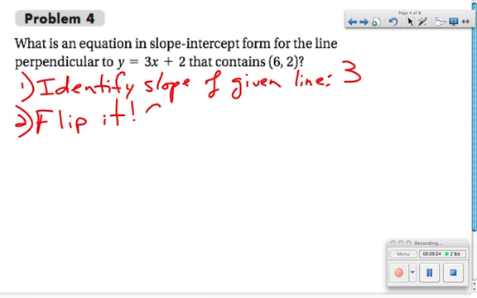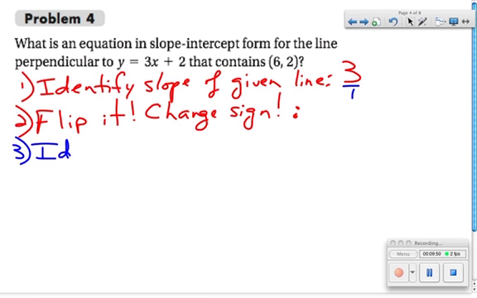Flip it and change the sign. When you do that, what do you get? That 3, again remember, that's 3/1. When I flip it, it becomes 1/3. When I change its sign, it becomes -1/3.